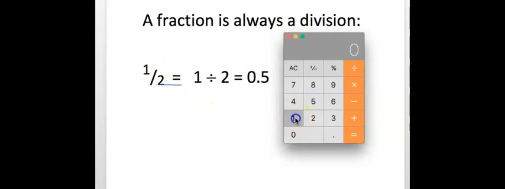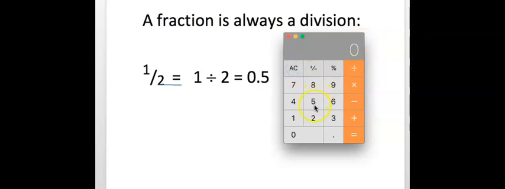I take one thing and I share it equally 2 ways. What will my answer be? It will be 0.5, which is 5/10, but we need hundreds, so we make it 50 hundredths, which is 50%.